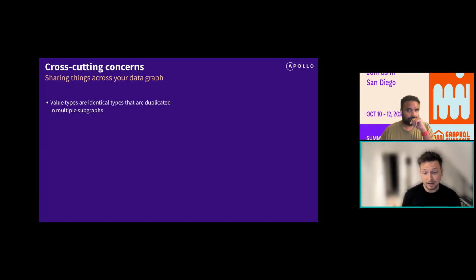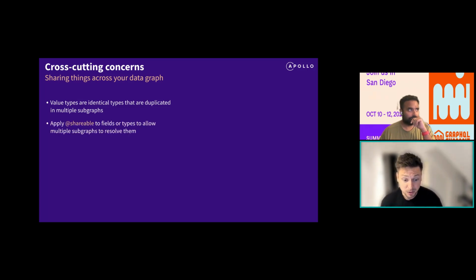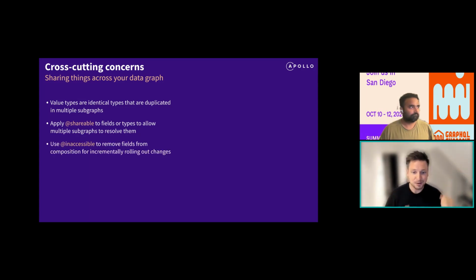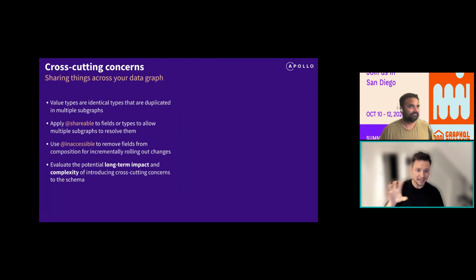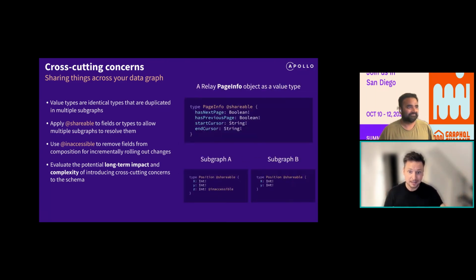Now we can handle that really nicely with federation. We can apply a directive that we call shareable. What that does is give the Router information when it's building out its query plan, say type A has fields A and B in subgraph A and subgraph B. For example, we've got subgraph A and B here.